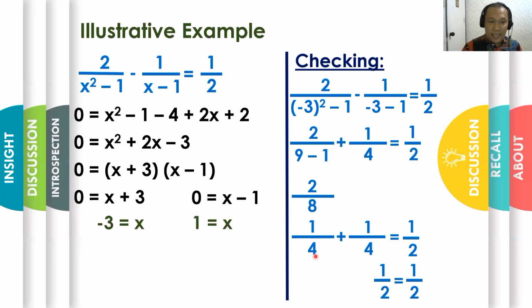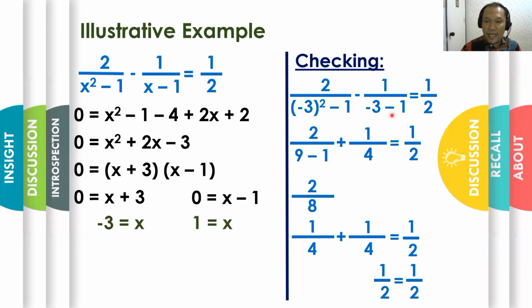Remember, 2 over 8 is equal to 1/4, by simplifying the given fraction, since 2 and 8 have a common factor of 2. Therefore we can divide 2 and 8 and simplify it into 1/4. Okay, next, we have here 1 minus the quantity negative 3 minus 1.